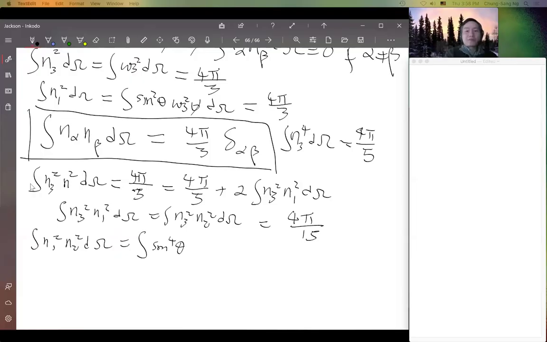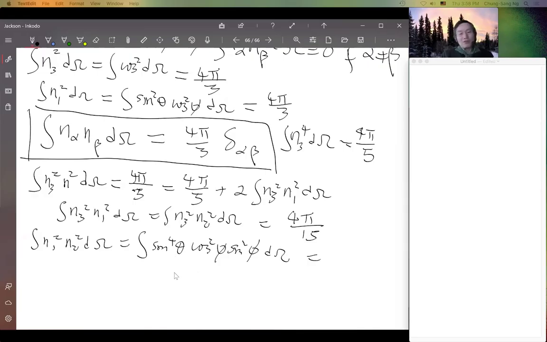sine 4 theta, cosine square phi, sine square phi, d omega. All right, and that looks complicated, but if you solve it separately, so do the phi integration and then the theta integration. The theta integration is just the same as before.